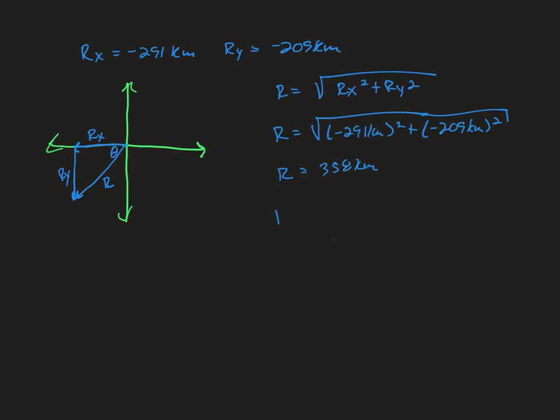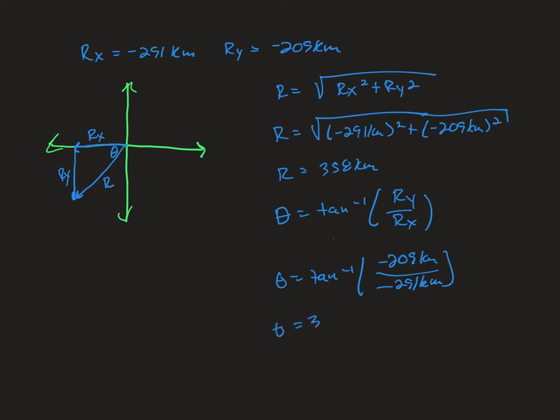And to get theta, we are going to use inverse tangent, so r of y over r of x. So we're going to take the negative 209 kilometers divided by the negative 291 kilometers. And that's going to give us an angle of 35.7 degrees.